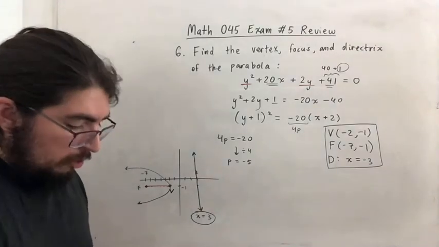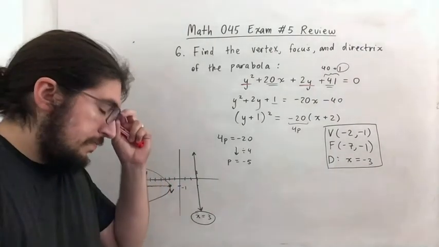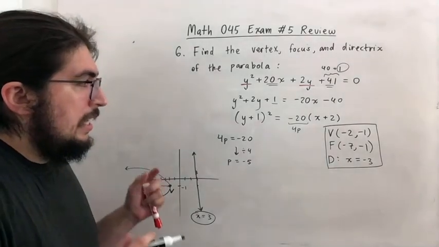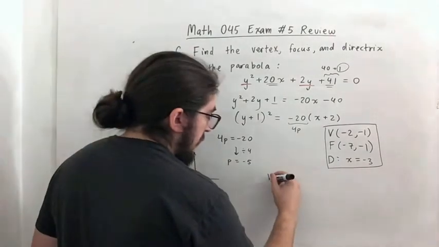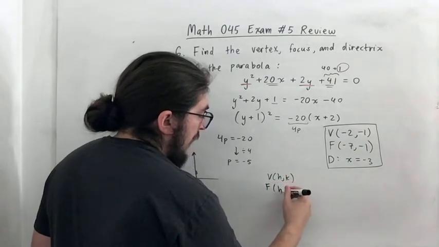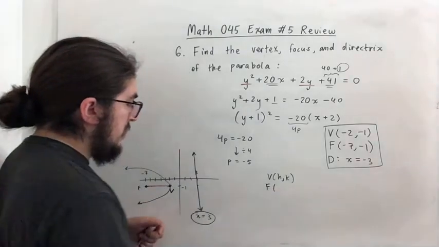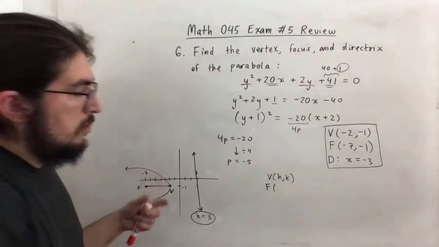We're good to go. But before I move on, I want to describe something that's kind of interesting. If your vertex is h comma k, then the focus will be, in this case, we're going to change the x values because it's horizontal.